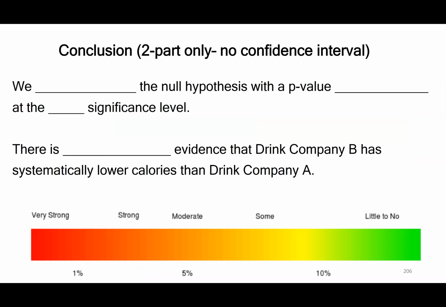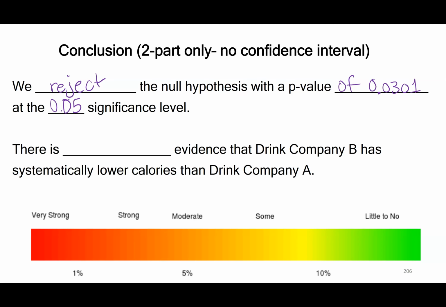So here, with a p-value of 0.0301 at the 0.05 significance level, I would say that's a p-value that's smaller than our significance level. We're going to reject the null hypothesis.